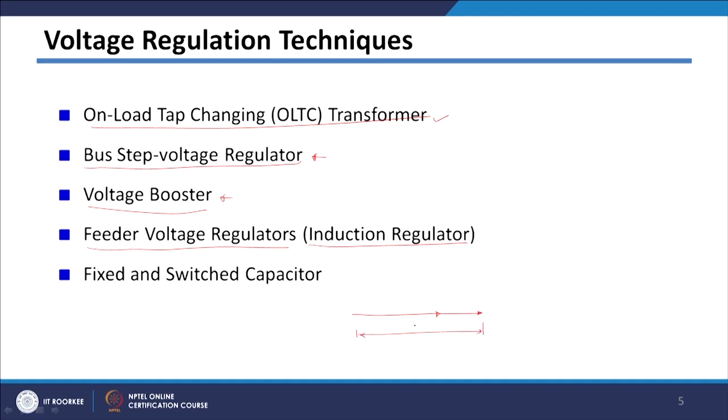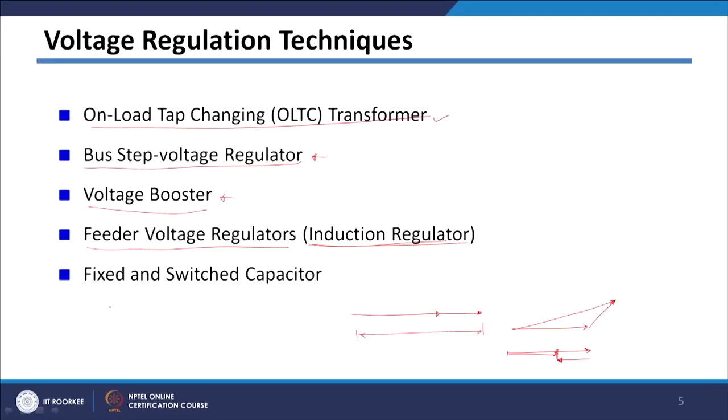By rotating the rotor a little bit, we can change the angle, and in that case your voltage will be this one. So, by changing the angle, we can also decrease. If this is your stator voltage and rotor voltage, by rotating 180 degrees, we can make it in the opposite direction, which will basically decrease the voltage across the feeder.